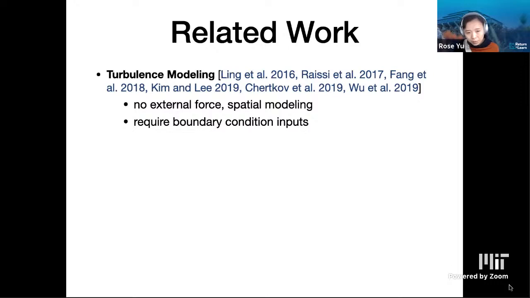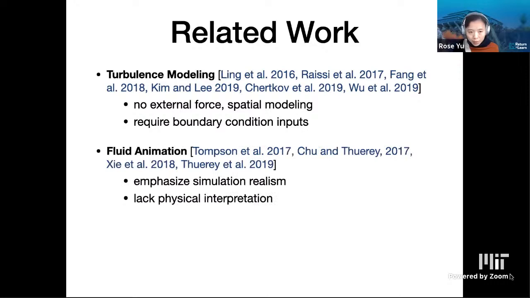The physics-informed deep learning method itself requires explicit inputs of boundary conditions, which is not available in a situation of forecasting. In parallel, we have fluid animation, a field heavily studied in computer graphics. In computer graphics, the area emphasizes more on simulation realism, which means as long as it looks good, we're okay.